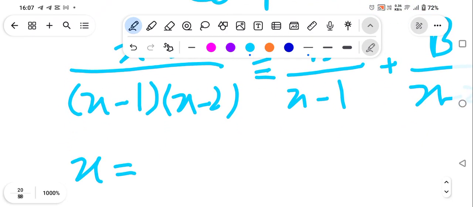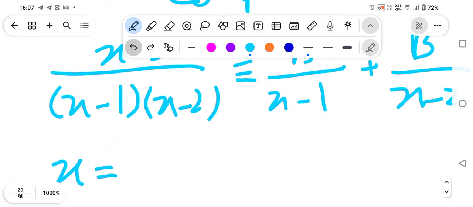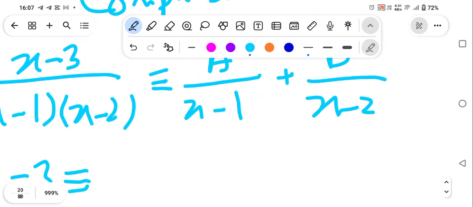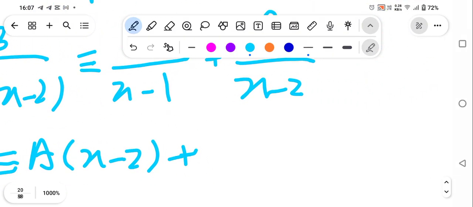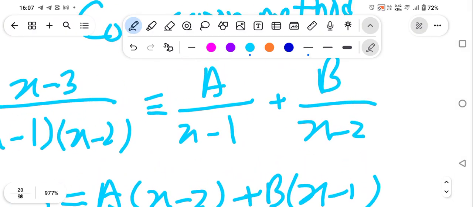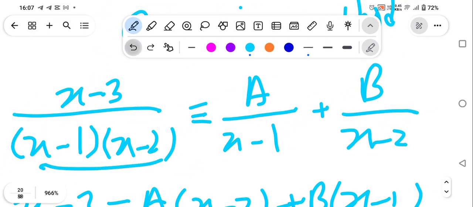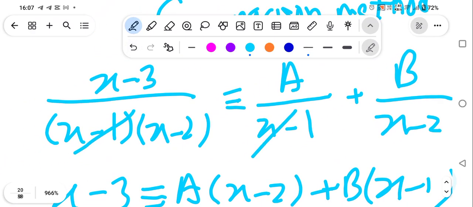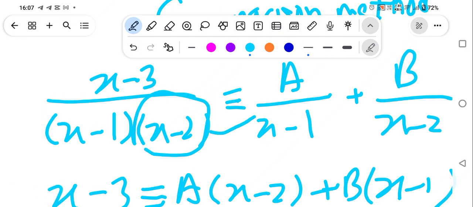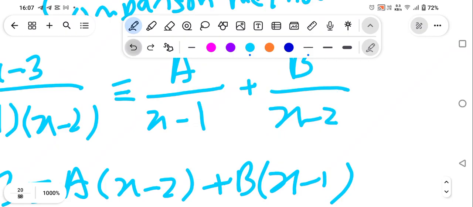So right now we have x minus 3 similar to a times x minus 2 plus b times x minus 1. Because if you multiply both sides by the denominator, the x minus 1 will cancel with that, and it will leave x minus 2, and the same occurs with the other.